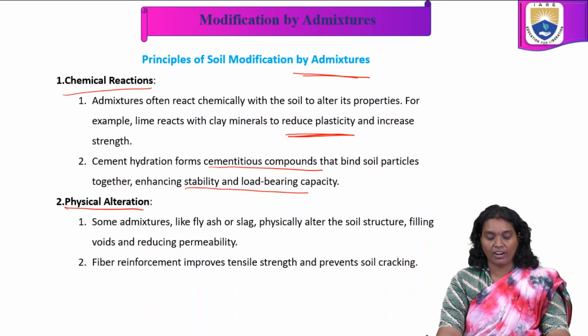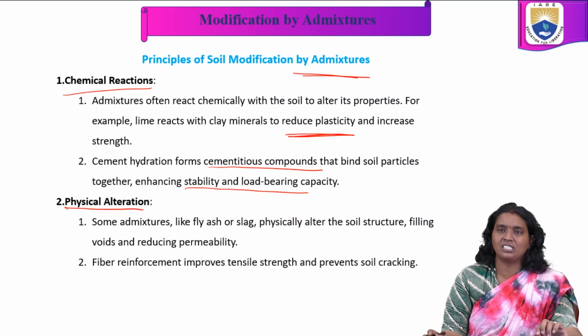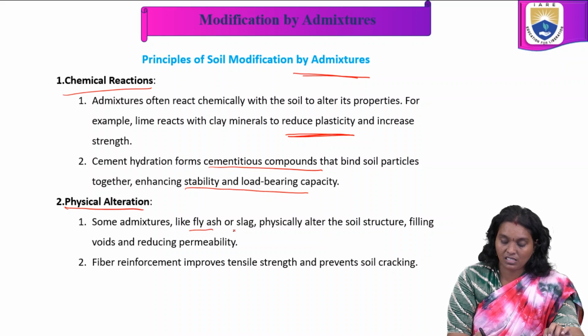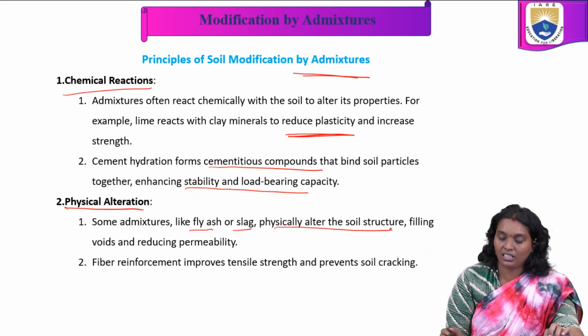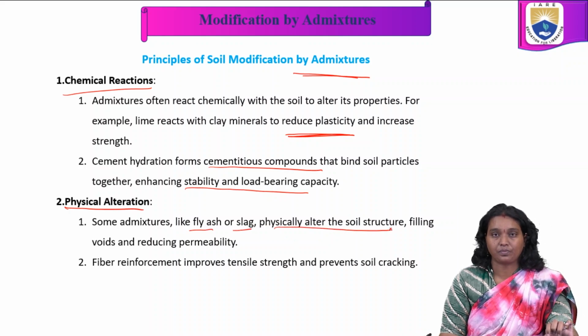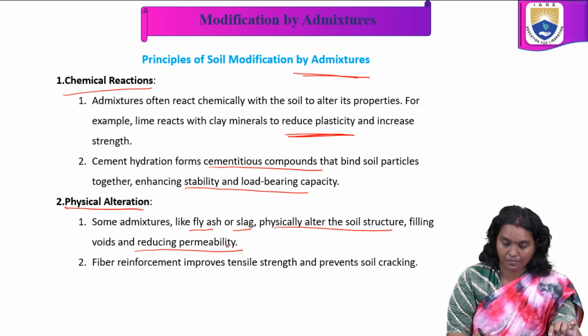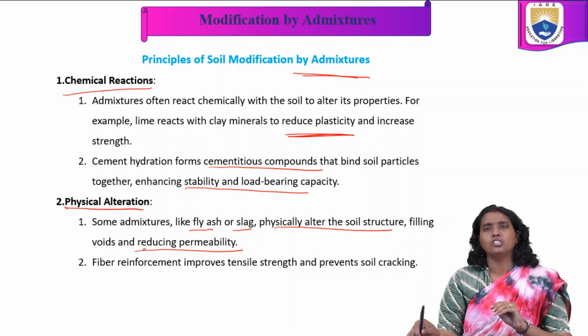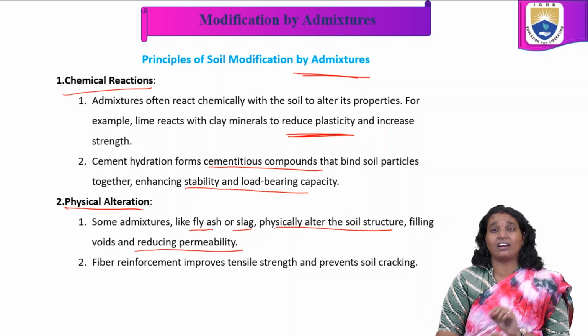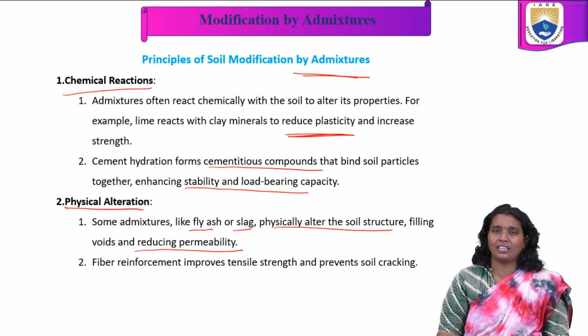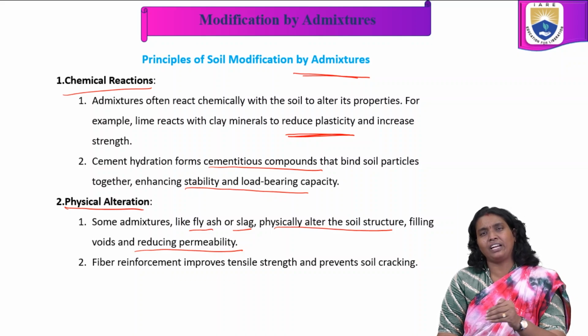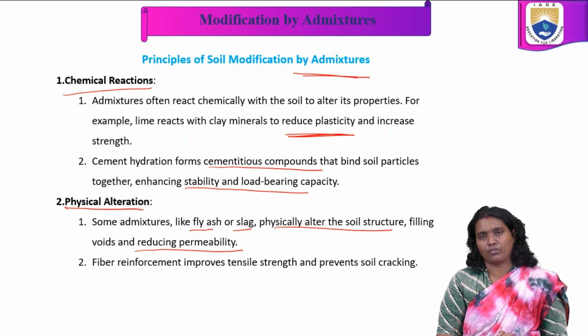Coming to the physical alteration, some of the admixtures like fly ash and slag physically alter the soil structure, filling voids and reducing permeability. This kind of physical alteration is also helpful for better performance of the soil from different property points of view.